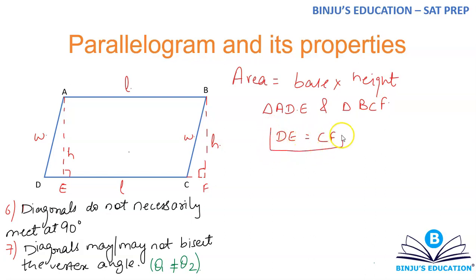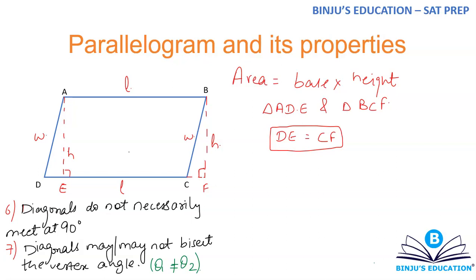Or you can use the Pythagoras theorem in the two triangles to prove that. That is W square is equal to CF square plus H square, and similarly W square is equal to H square plus DE square. So you will get DE equals CF. So you'll also realize that the two triangles are basically congruent. They're basically mirror images of each other.